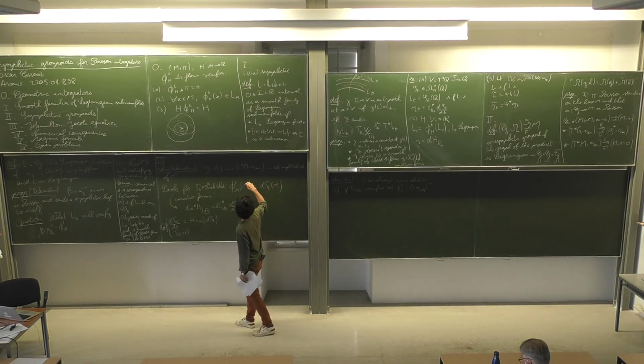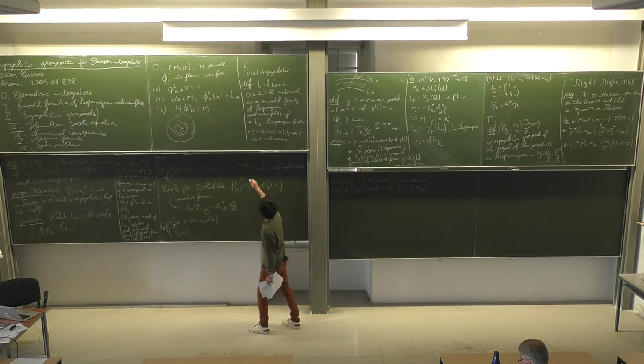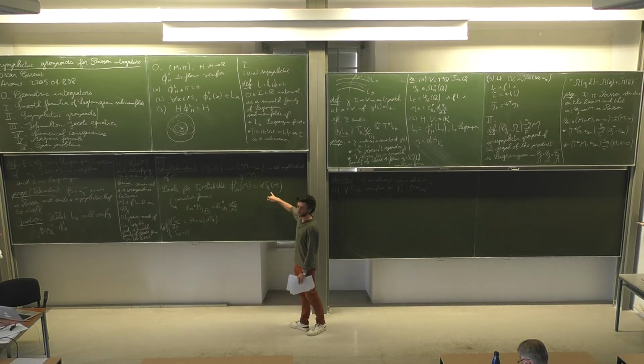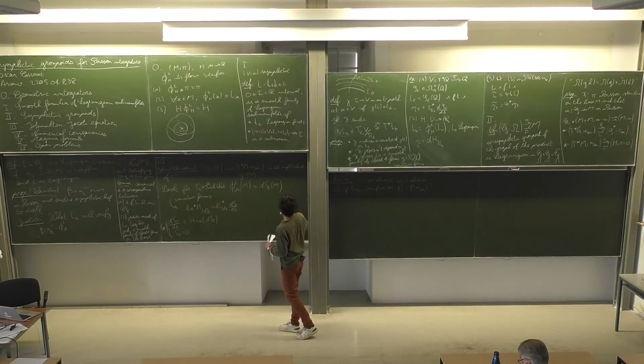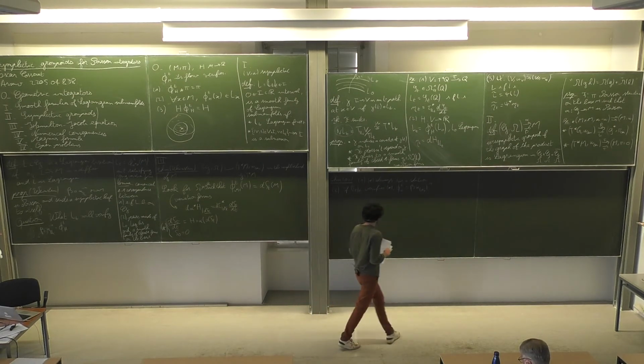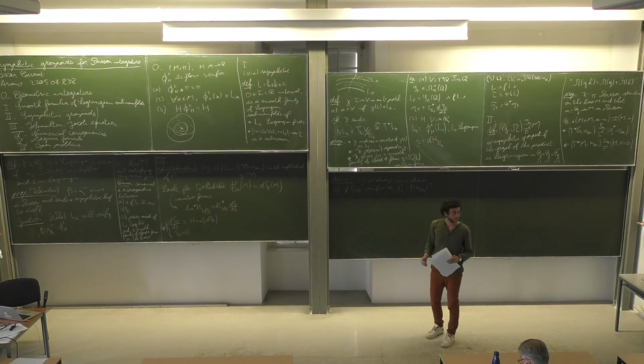Right. So this is in G, which is in T star M, and this is the graph of a one form on the base.